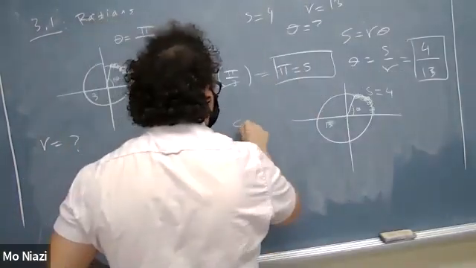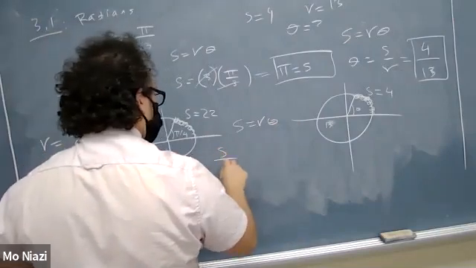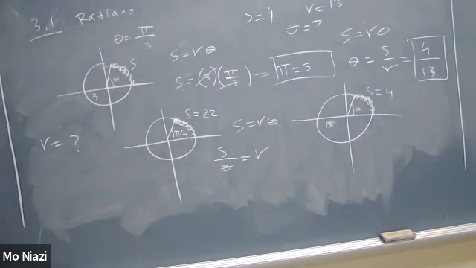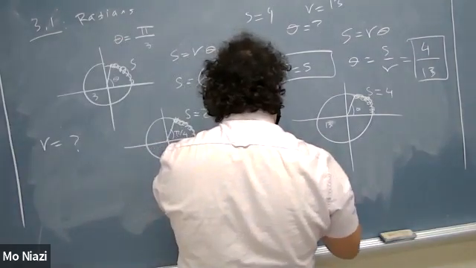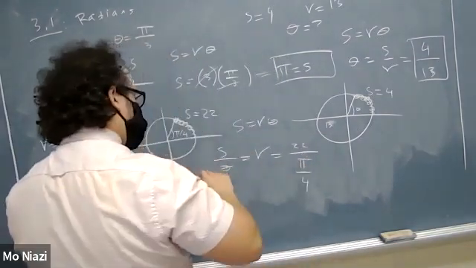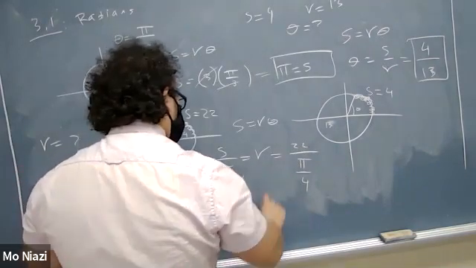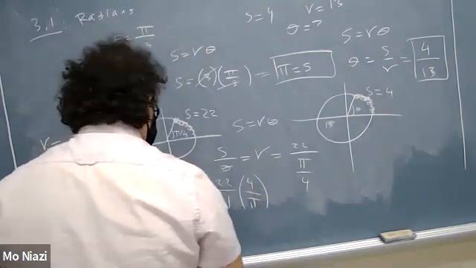It's a circle, so S is equal to R theta applies. Well, I just solve for R. S over theta is equal to my R. So that means I get 22 divided by pi over 4. And I multiply by reciprocals, because that's 22 over 1 times 4 over pi.